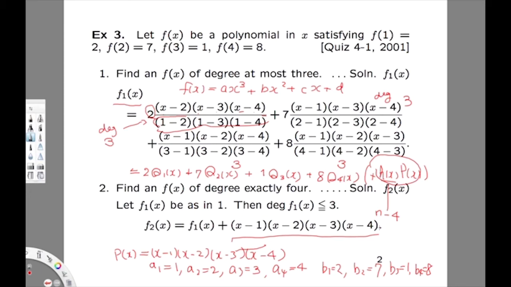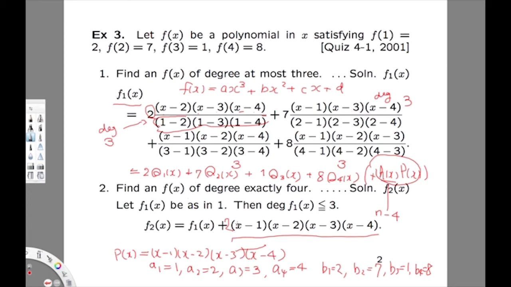But as you may see, there are many other solutions. Do you have some idea? For example, if you add 2 here, this is all right, because if you plug 1, 2, 3, 4 in, this part is equal to 0.